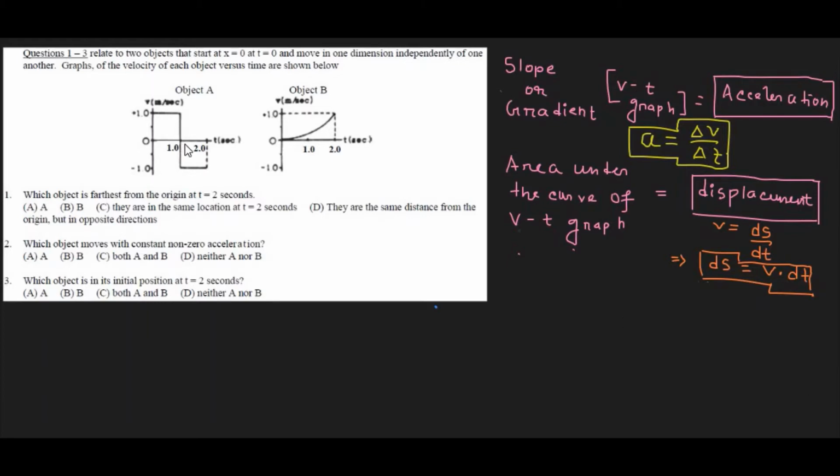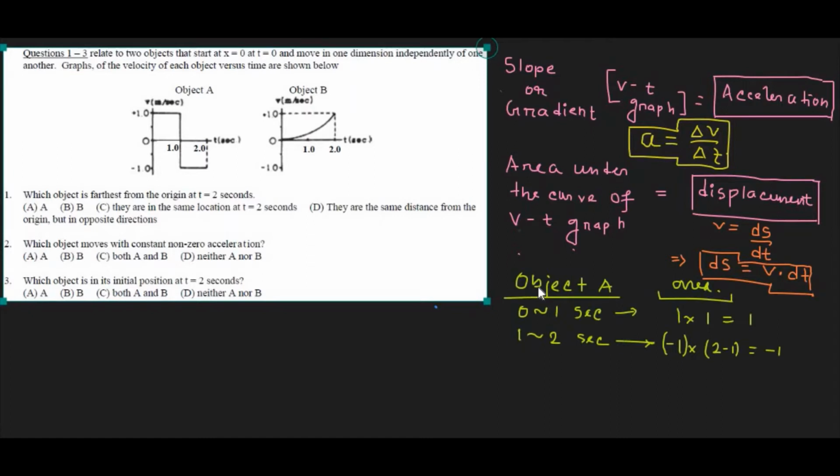So let's discuss object A. Object A, between 0 to 1 second, maintains a uniform velocity which is positive 1, and between 1 to 2 seconds it maintains a negative velocity, that is negative 1 meter per second. That means if we find the area, between 0 to 1 we will have a positive area, and between 1 to 2 seconds we will have a negative area.